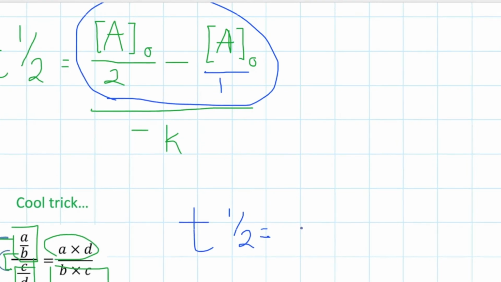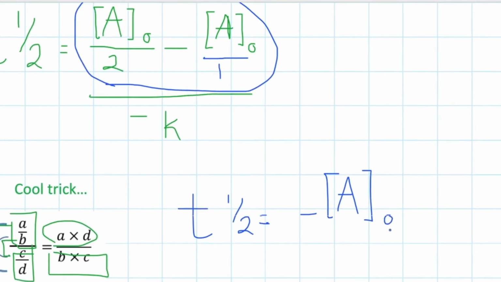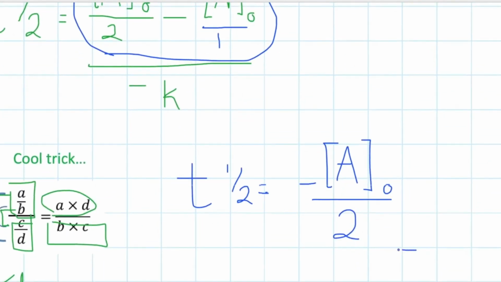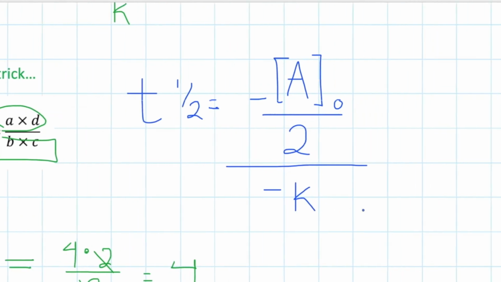So we would have negative initial concentration over 2, this fraction over negative K. Be aware of the signs.